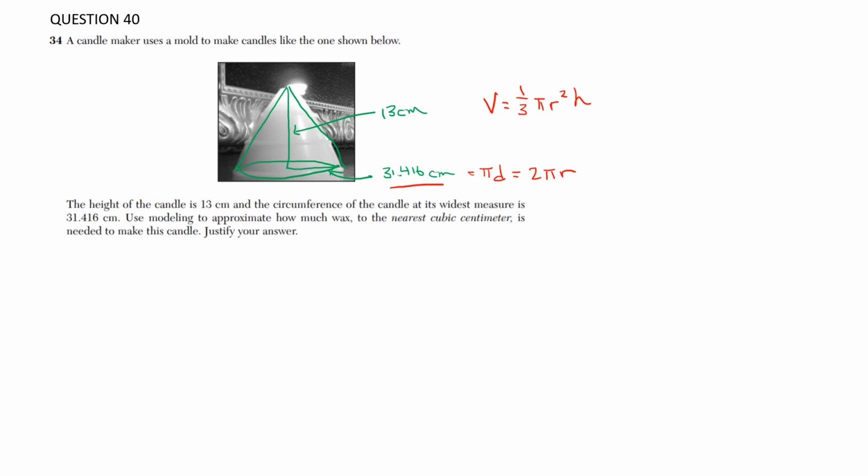That gives us a value of approximately 5, so r equals 5.00001. We can simply plug that in there, and we already have our height, so we plug that in here.